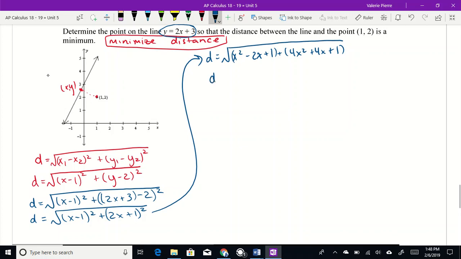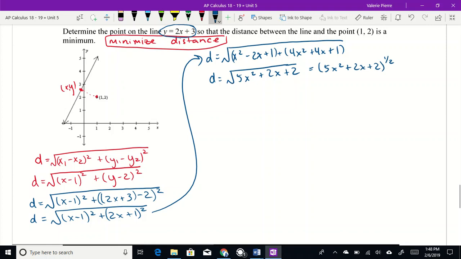And then combine our lovely like terms, we get the square root of 5x squared plus 2x plus 2, which we can rewrite as (5x squared plus 2x plus 2) to the 1/2 power.